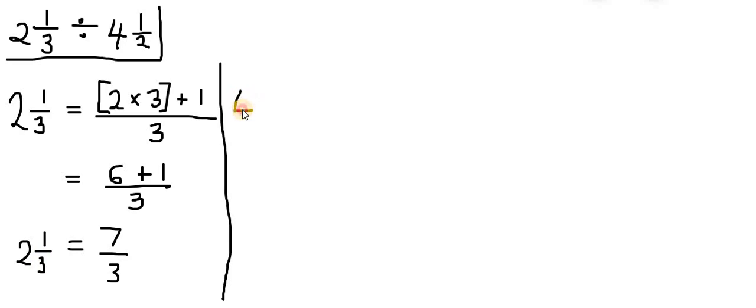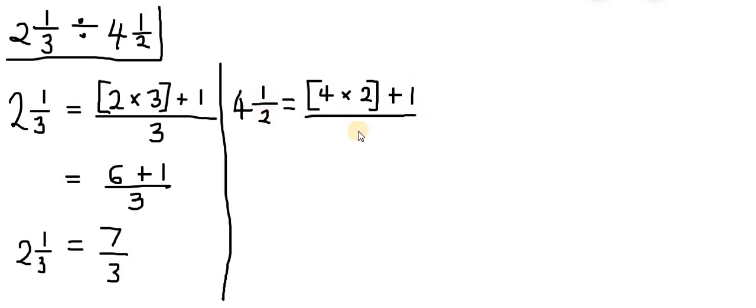Now, 4 1 over 2, carry out the same process again. Whole number times the bottom number of the proper fraction, 4 times 2, and then you add on the top number of the proper fraction, 1, over the bottom number, 2. 4 times 2 is 8, plus 1 over 2, and that's equal to 9 over 2.